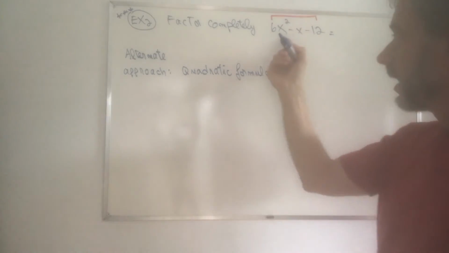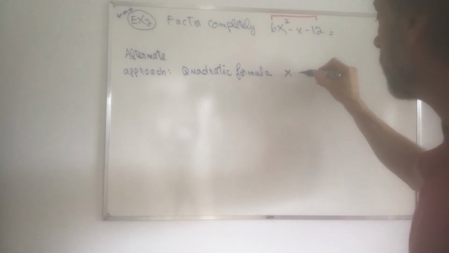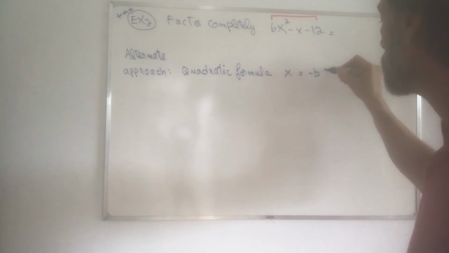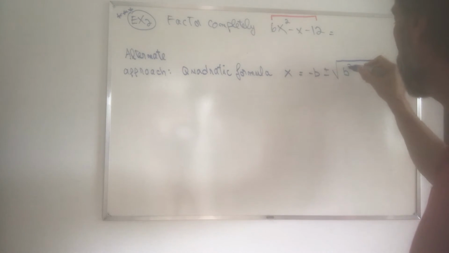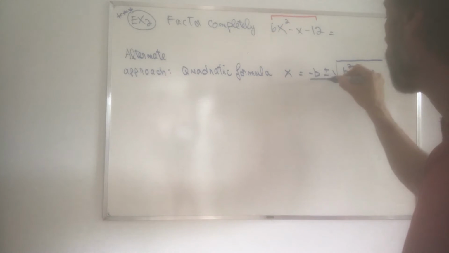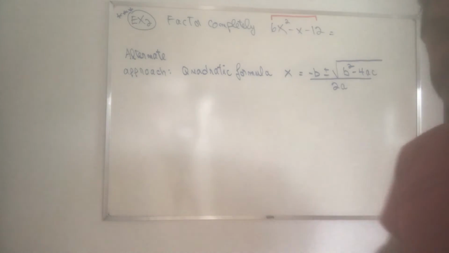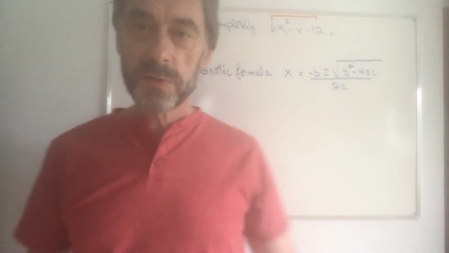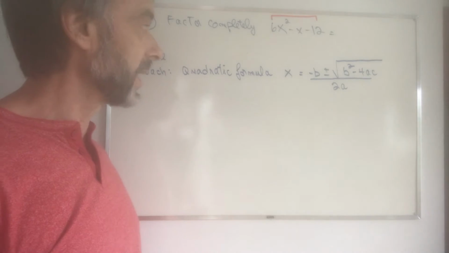X, the answer to basically this being equal to 0, is minus b plus or minus the root of b squared minus 4ac, over, remember, 2 times a, right? This quadratic formula can actually help us factor out guys like this.